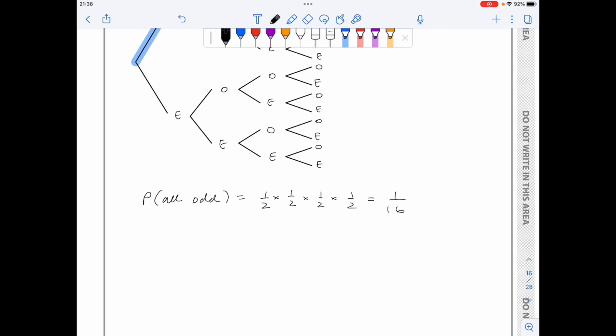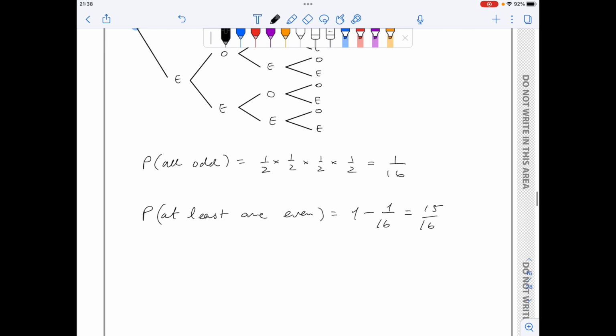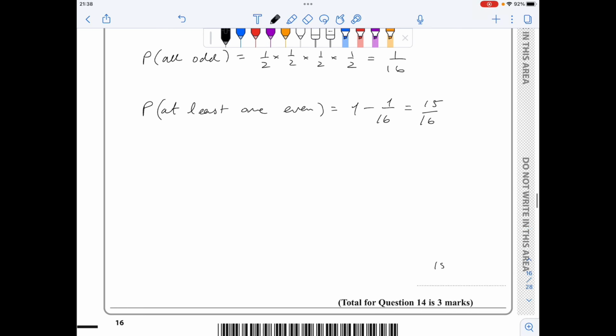Hence, the probability of at least one even is equal to 1 minus 1 over 16, which comes out to be 15 over 16, and that's the final answer.